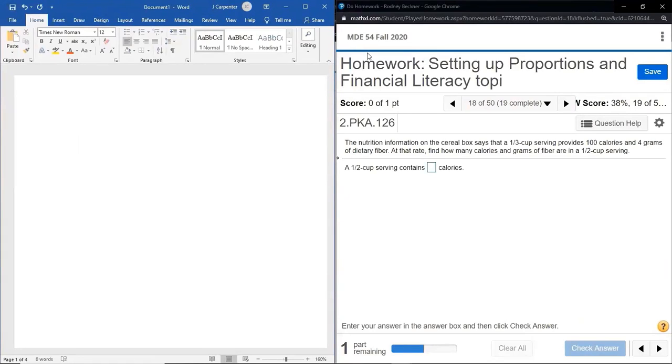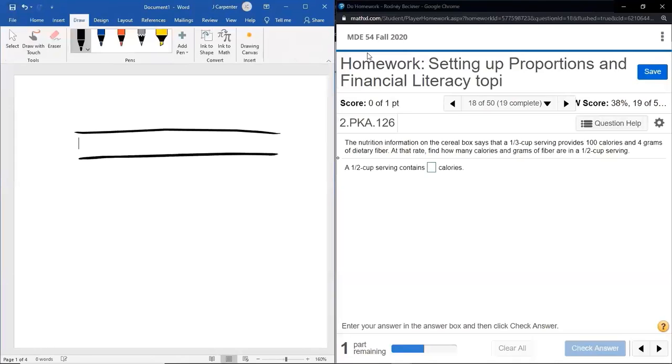Proportions are only able to go apples to oranges, or the first thing to the second thing. We could potentially go between calories and grams, maybe. But unfortunately, we don't know how many calories or grams for the second scenario. We only have 100 calories from the first scenario and the 4 grams from the second scenario. So this is like if we had a table of values, or a proportion table.